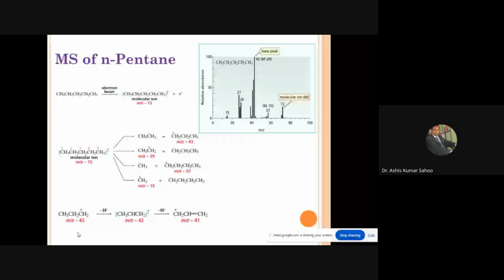If you look at this 43, one H plus will remain. This is the allyl cation. So we get one peak at 41.